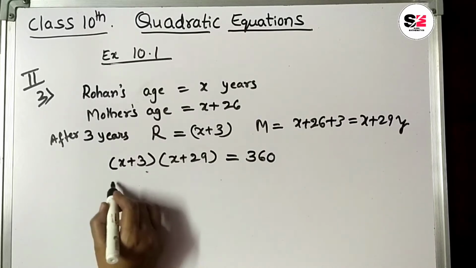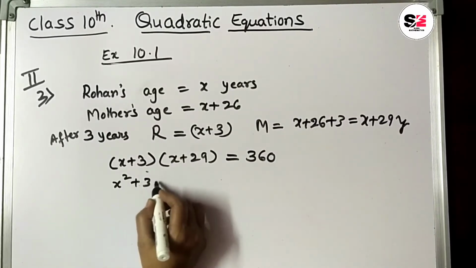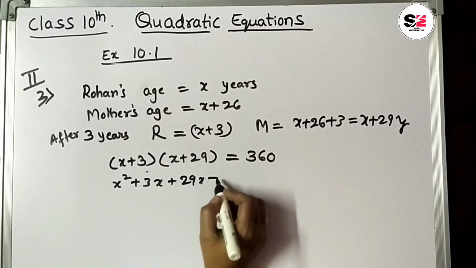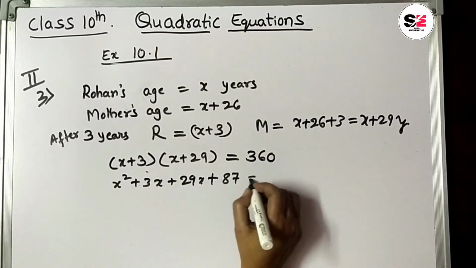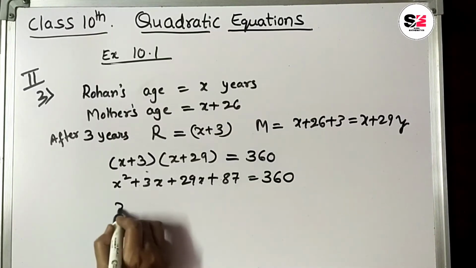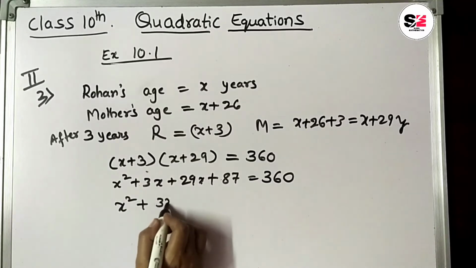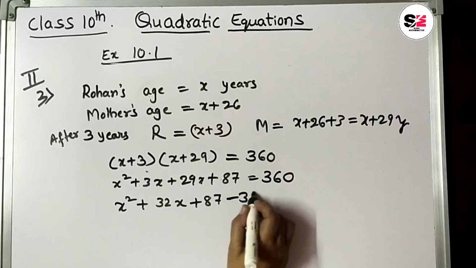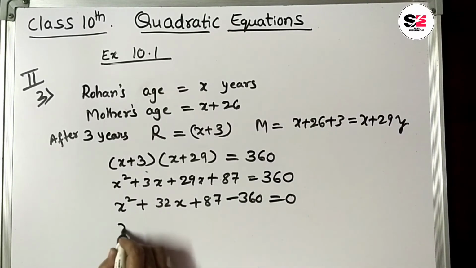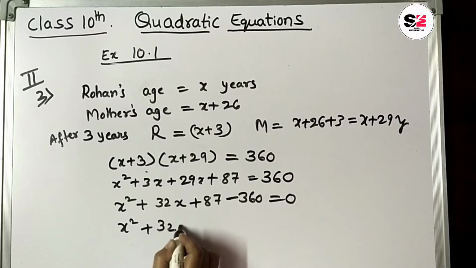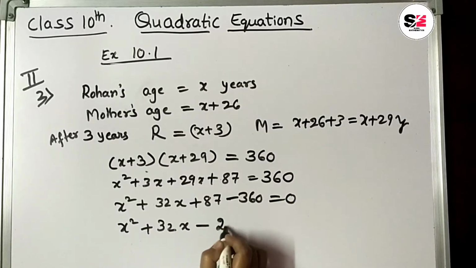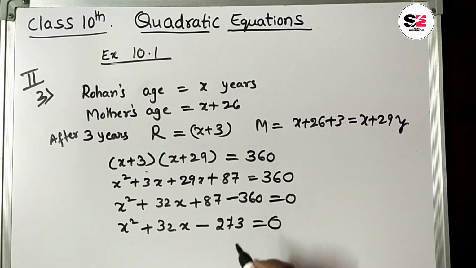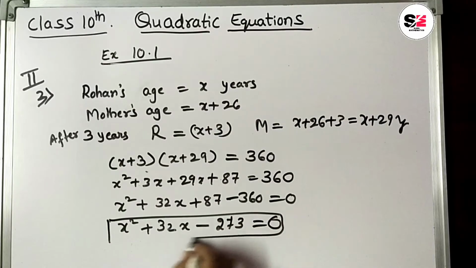Yes, multiply these two: x square plus 3x plus 29x plus 87 is equal to 360. x square plus 32x plus 87 minus 360 is equal to 0. x square plus 32x minus 273, here 87 minus 360, is equal to 0. It is the required quadratic equation.